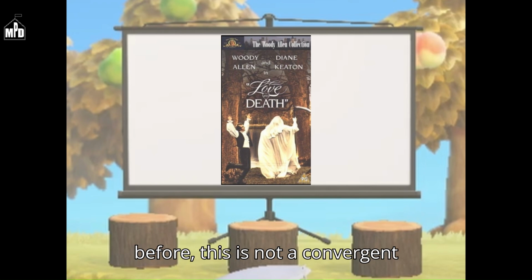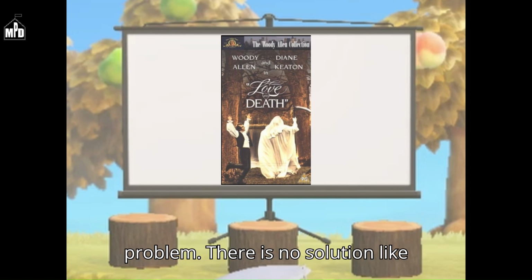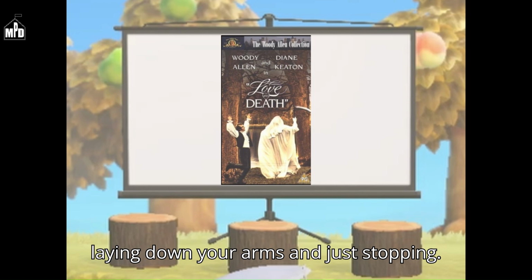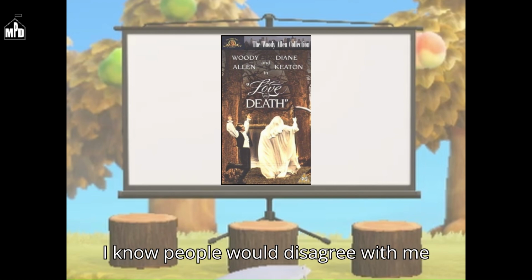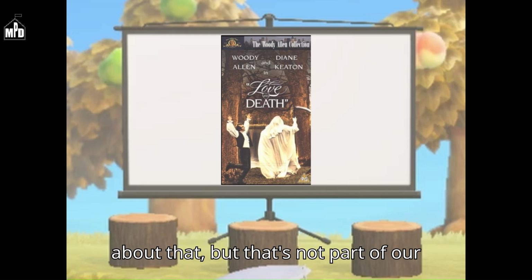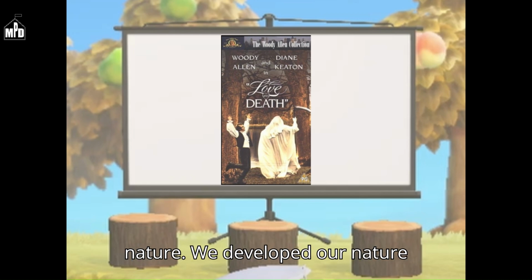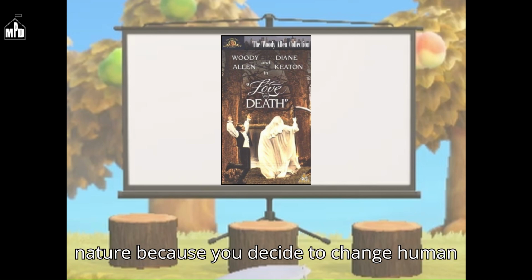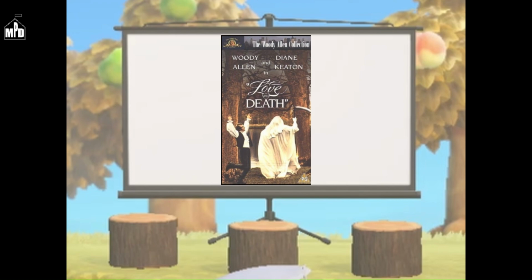But as we talked before, this is not a convergent problem. There is no solution like laying down your arms and just stopping. I know people would disagree with me about that, but that's not part of our nature. We developed our nature over many eons, and you just can't change human nature because you decide to change human nature. It's going to be what it is.